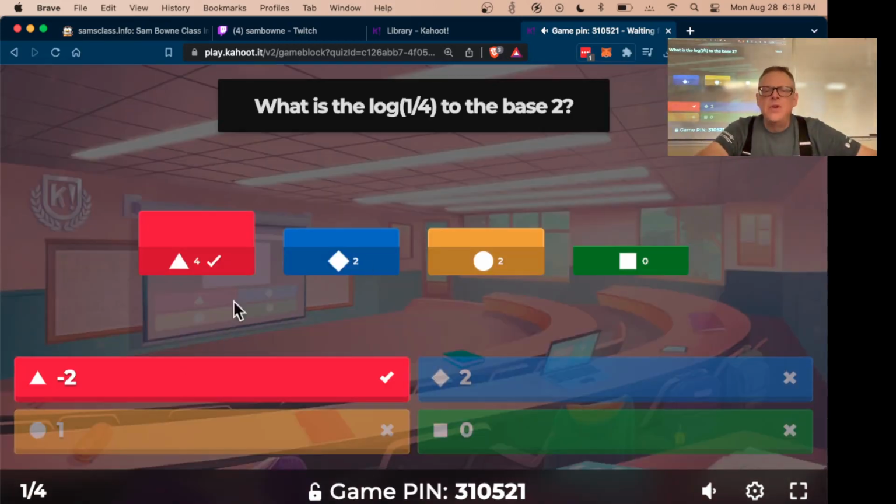So that's minus 2. The log to the base 2 means what power do you raise 2 to get this number? So the log of 4 to the base 2 is 2, because you take 2 to the second power. But to get 1/4, you take 2 to the minus 2. So that's minus 2.